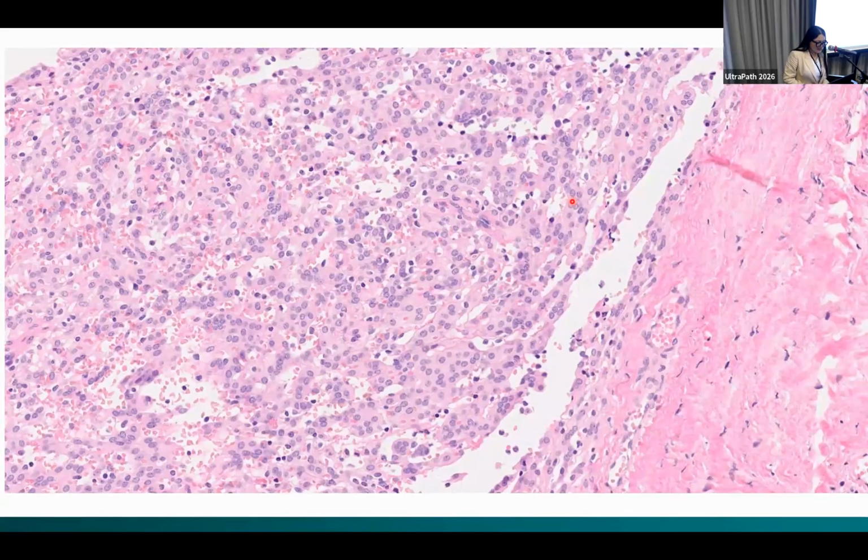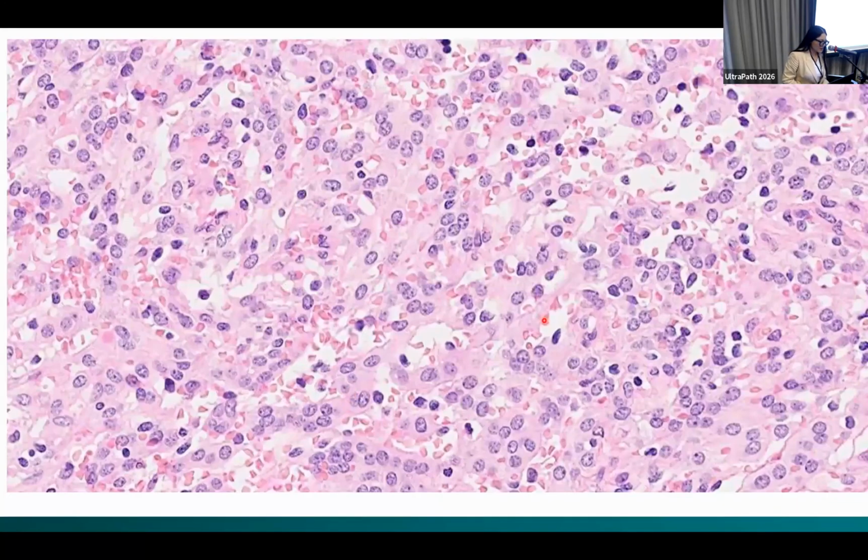And in these other areas, this tumor exhibits a more prominent vasculature. We can see these very thin capillaries and the erythrocytes with blood inside.